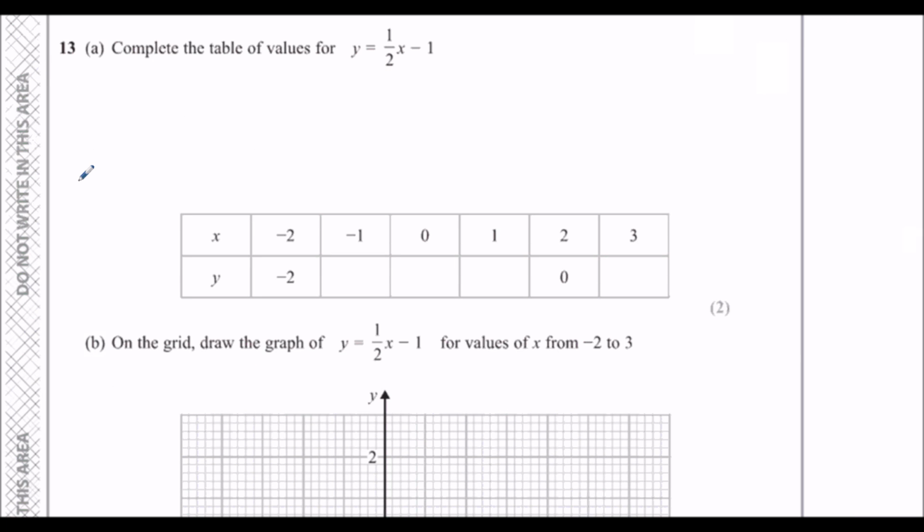Question 13. Complete the table of values for y equals half x minus 1. So we're just going to be using the calculator here. If we want to find out what y equals, we type into the calculator half, have a bracket here where the x is, and minus 1.